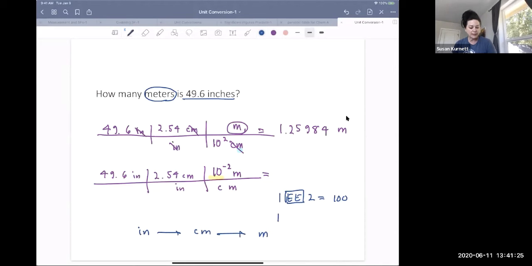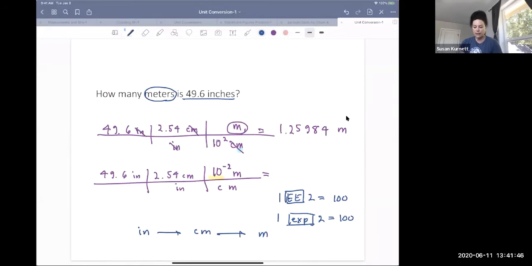On a different calculator, you might be using something called EXP. And it's understood to be a base 10 exponent, and let that be 2. It doesn't really matter if there's not a lot of zeros. You know, 100 doesn't have a lot of zeros. But when you're dealing with something like 10 to the negative 9, you're going to need that EE key.